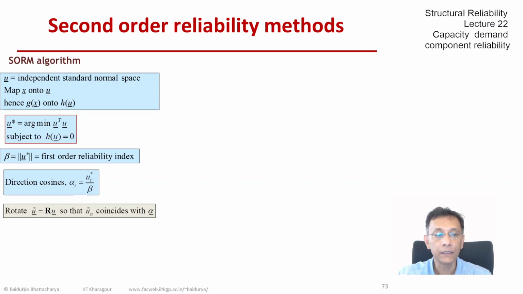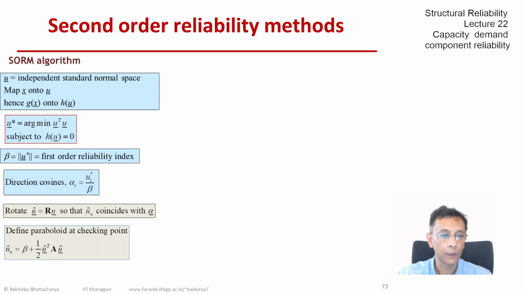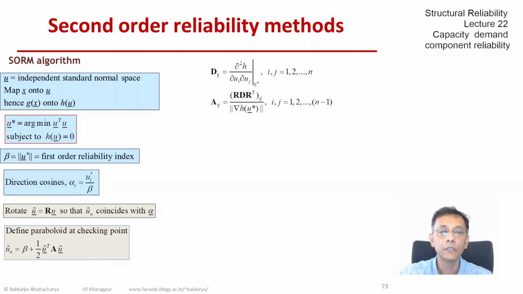So we are basically going towards finding the curvature of this paraboloid. So we transform u to u tilde, and we know how to get that n minus 1 by n minus 1 square matrix A, because we can compute D, and then from there we can get A.